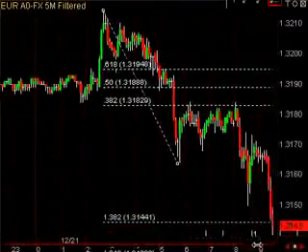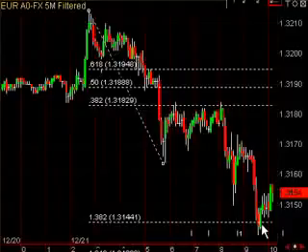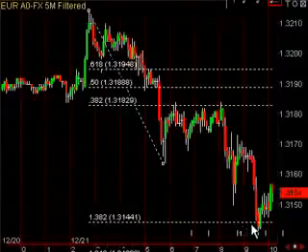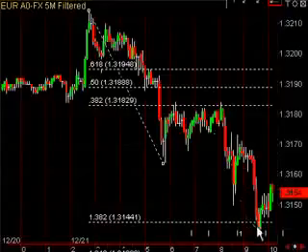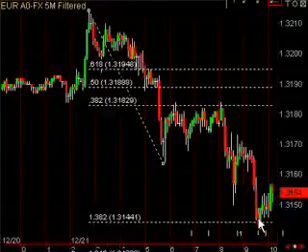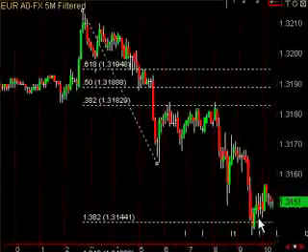It breaks down and it's going to a lower low, and you can see the market stalls right at the first Fibonacci profit target. If you're short right around here, this is your first profit objective, and in this case you made about 35-36 pips. And if you're a counter trend trader, you can wait for this level to get into a low short-term counter trend trade. You would have bought here at 1.3145.